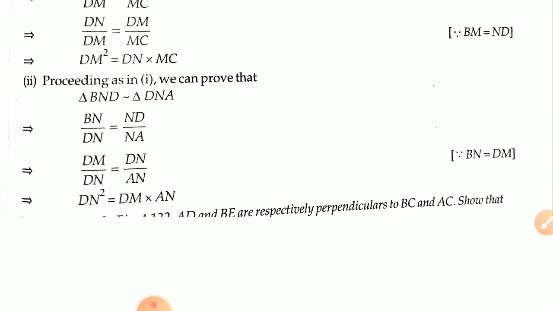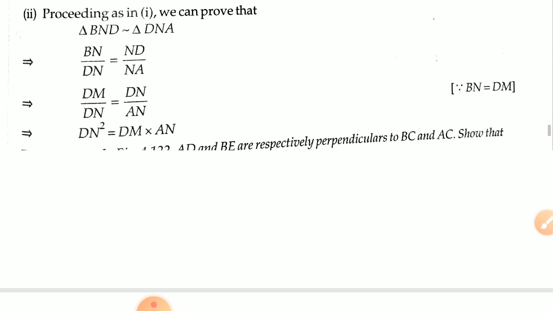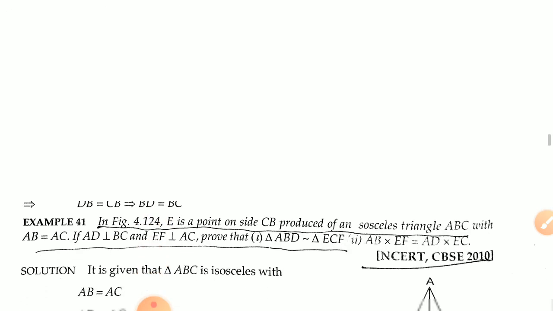We know that BN is equal to DM, so DM upon DN is equal to DN upon AN. After cross multiplication we get DN square is equal to DM into AN. In this way we have proved our question.